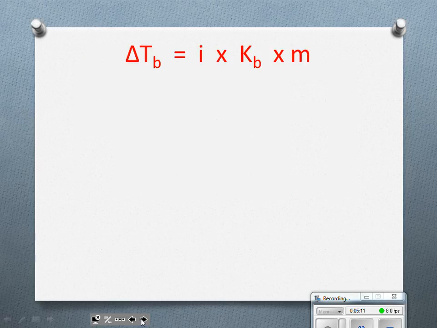So as I go through that equation, delta T sub b is the boiling point elevation. Okay? Literally, you can think about it as the delta is the change in the temperature of the boiling point. Change, temperature, boiling point. Delta T sub b. Once again, what's i?